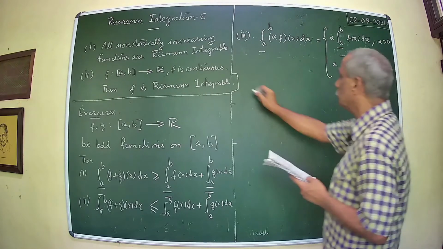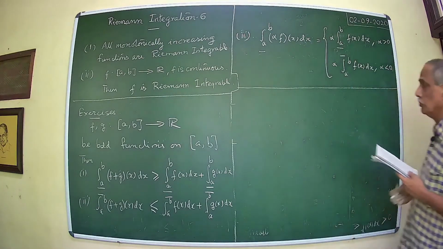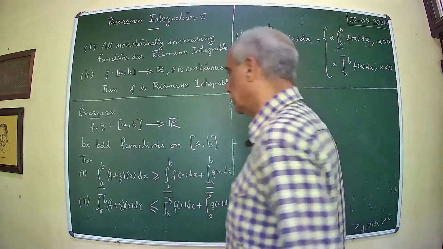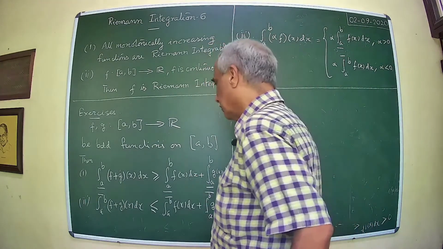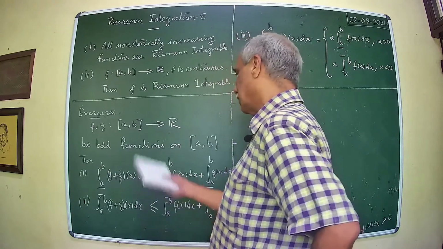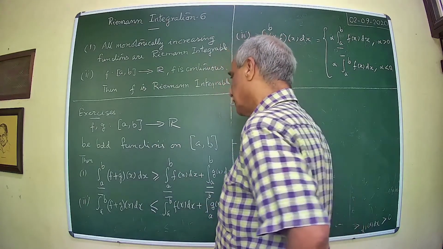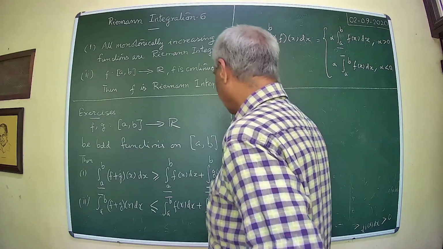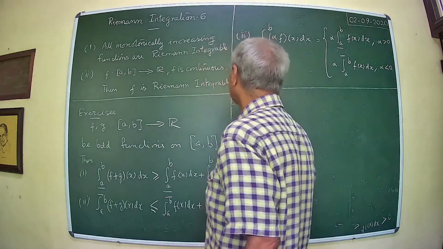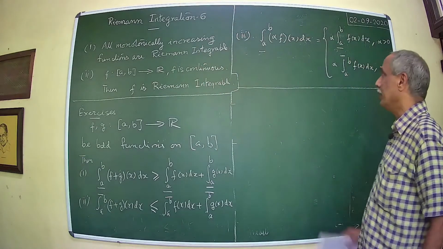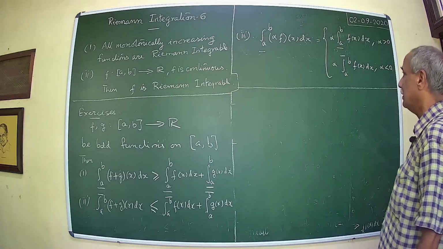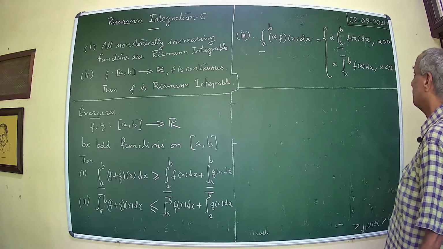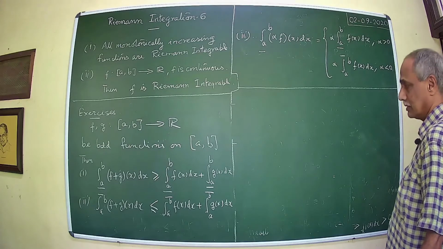These are useful stepping stones to prove the following. That is, if f and g are Riemann integrable, f plus g is Riemann integrable, and the integral from a to b of (f plus g) dx is equal to integral f plus integral g, and so also the integral from a to b of alpha f dx is equal to alpha times the integral from a to b of f(x) dx.